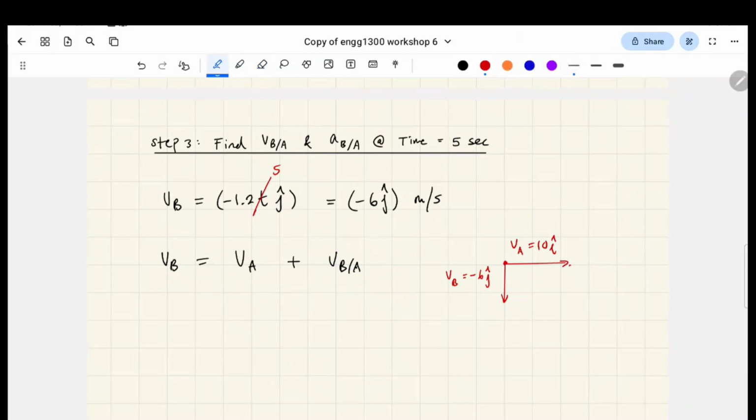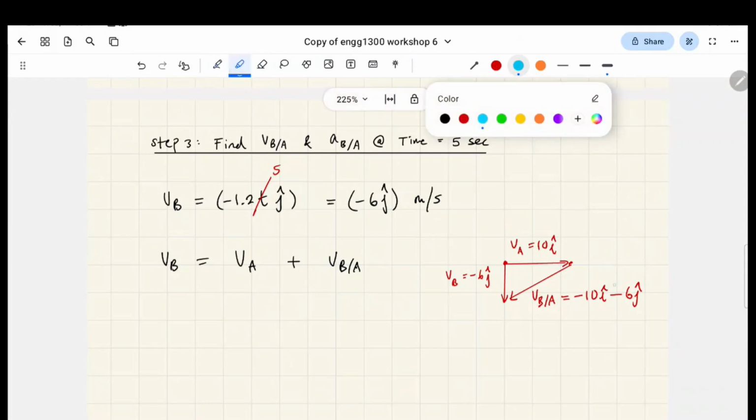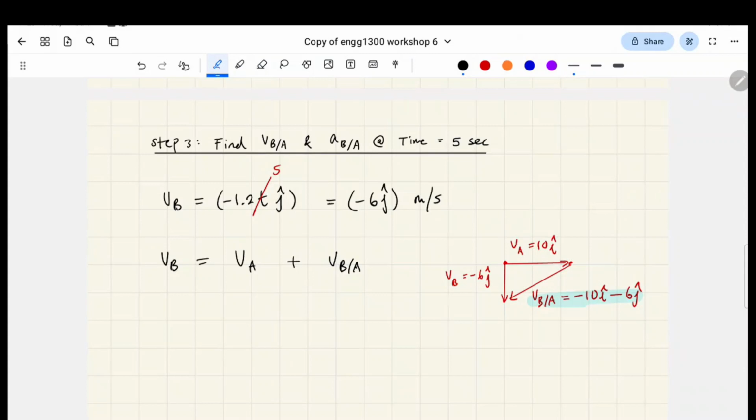So the right-hand side has to go over here, and then we can just split it into component vectors. Works out very nicely there. So that's our relative velocity in terms of component vectors.